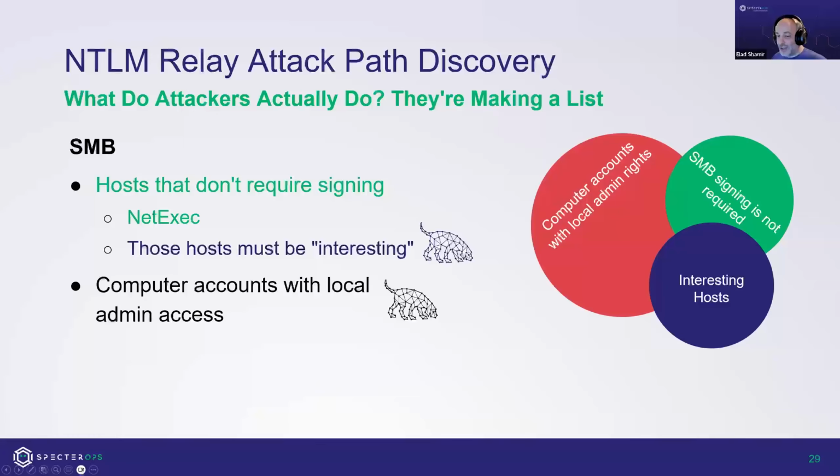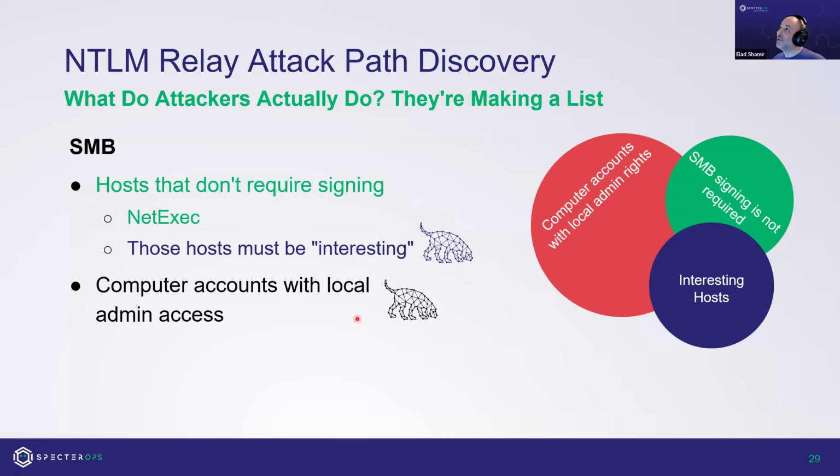Another thing that you need to do is find computer accounts that have local admin access on the machine that doesn't have SMB signing required. The reason for that is that we usually combine NTLM relay with authentication coercion, and what you actually coerce is computer account authentication.